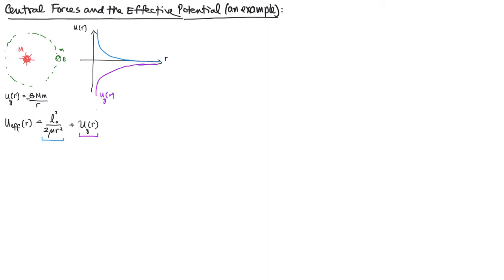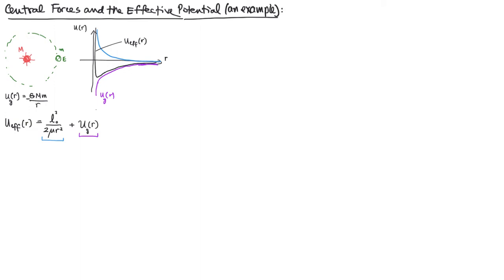And the effective potential starts positive, dips down below 0, and then follows the purple curve largely. Okay, like that. So this curve here, the black curve, is the effective potential.